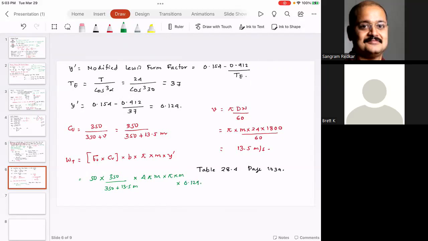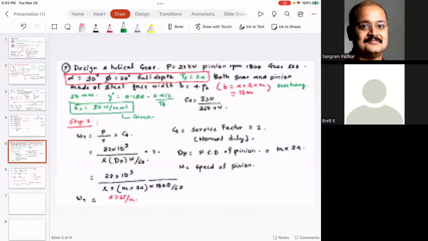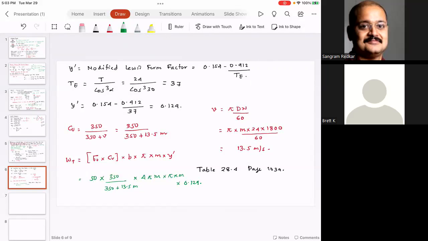And WT on the left hand side you would get as 9725 divided by m. As you can see, there is this m on the left hand side and on the right hand side.